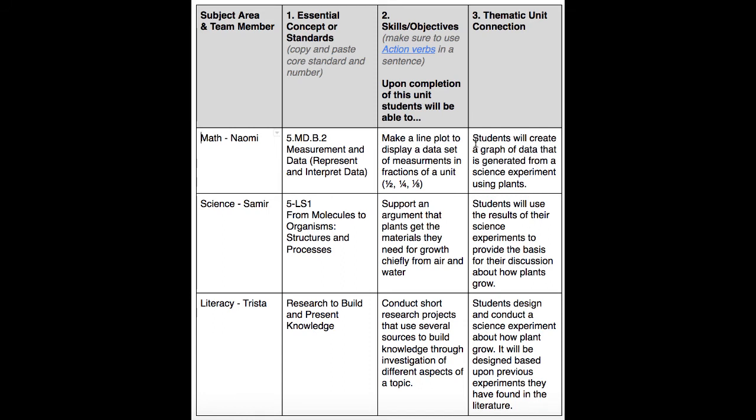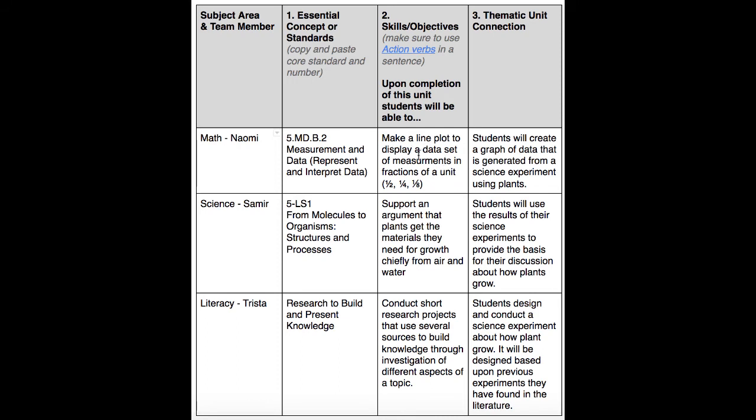And then over here you're going to write a description of what the students are going to be doing in your thematic unit that will connect it and show that they know how to accomplish this skill or objective. In this case, they're talking about creating a graph of data, and here they're saying that they want them to be able to create one.